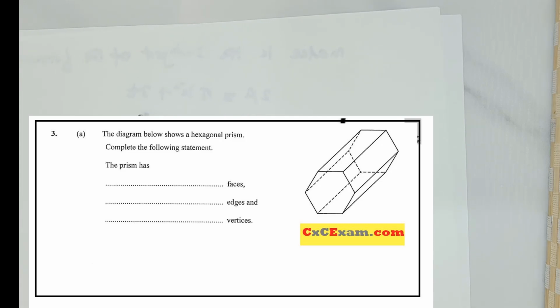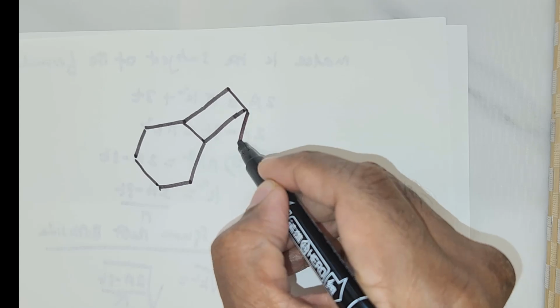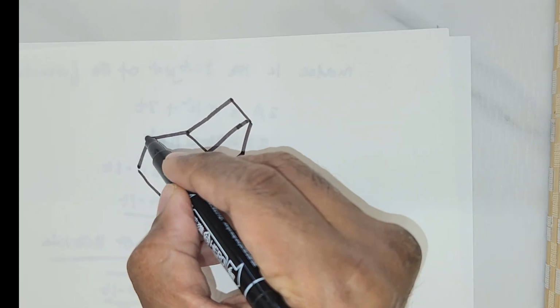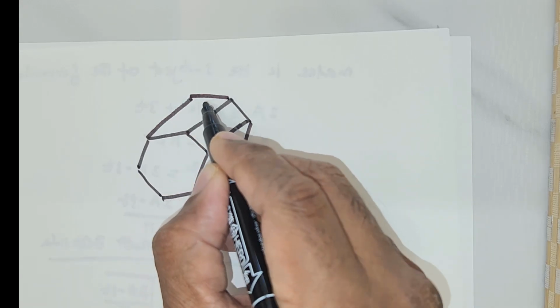This is the next question. We are given a hexagonal prism. Okay, this is a rough diagram, and so this is how the prism looks.